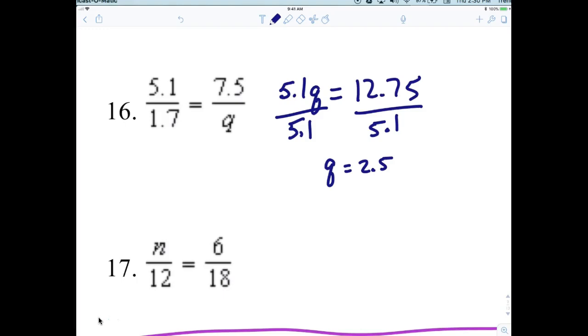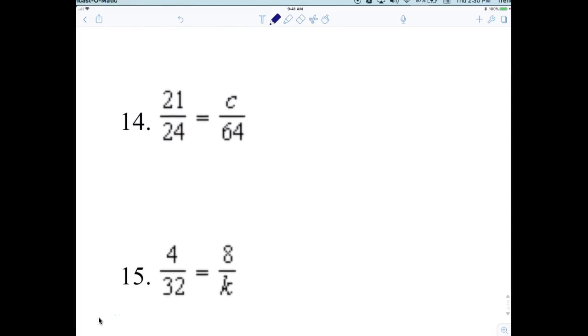Miles, and then I'm going to get to you. Which one, Miles? 14. Okay, so when you cross multiply, thank you, Miles, you should understand that you should have 24C. Now, Miles, tell me what 21 times 64 is real quick. I just need people checking.